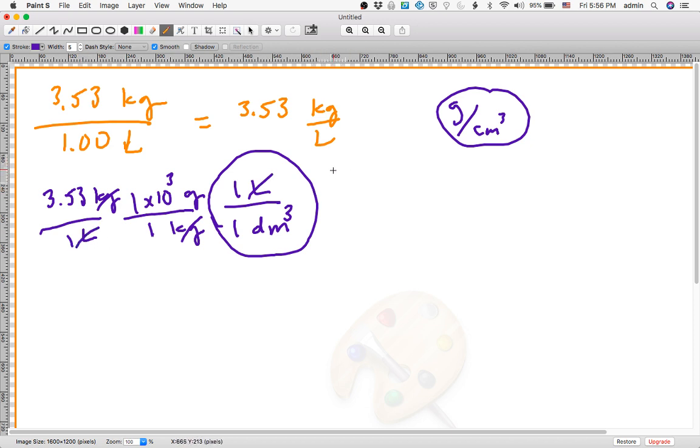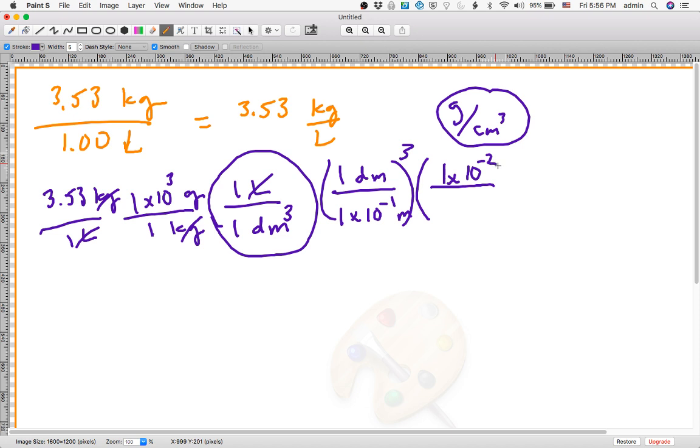Now I know that in 1 decimeter, there are a certain number of meters, and that's this number of meters. But these are cubic decimeters, so I need to cube this whole thing. And I also know that in this many meters, there's 1 centimeter.